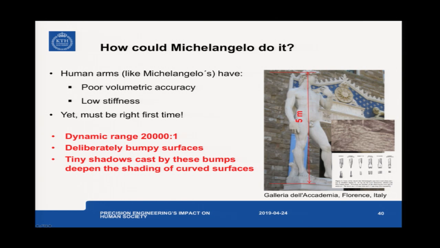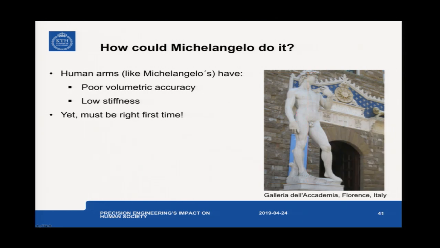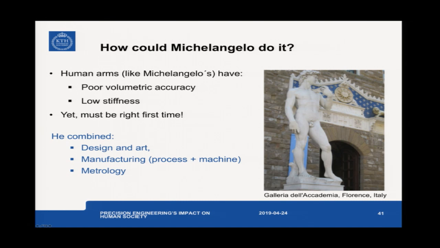So what do you say, guys? Of course, he combined at that time design with art. He had an idea how to design it. He had manufacturing processes. He designed his own tools and manufactured his own tools to make these bumpy surfaces. And he used the metrology tools, which are so crucial for precision today.